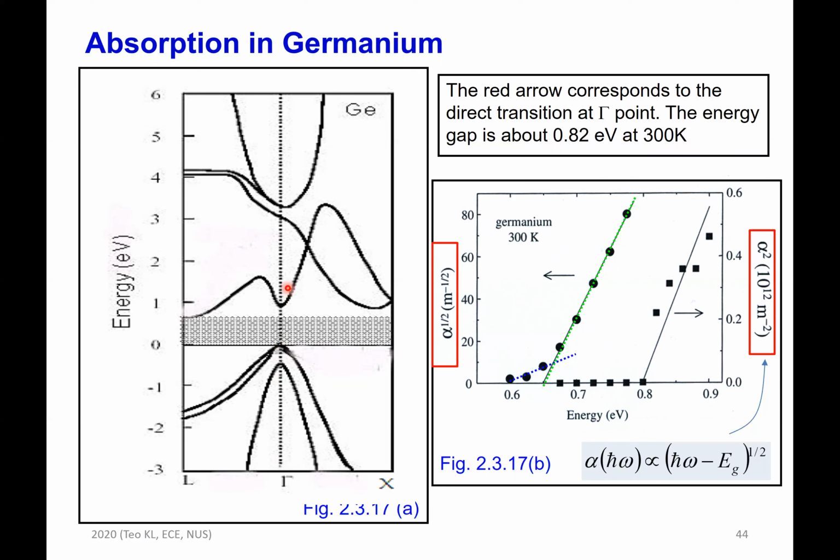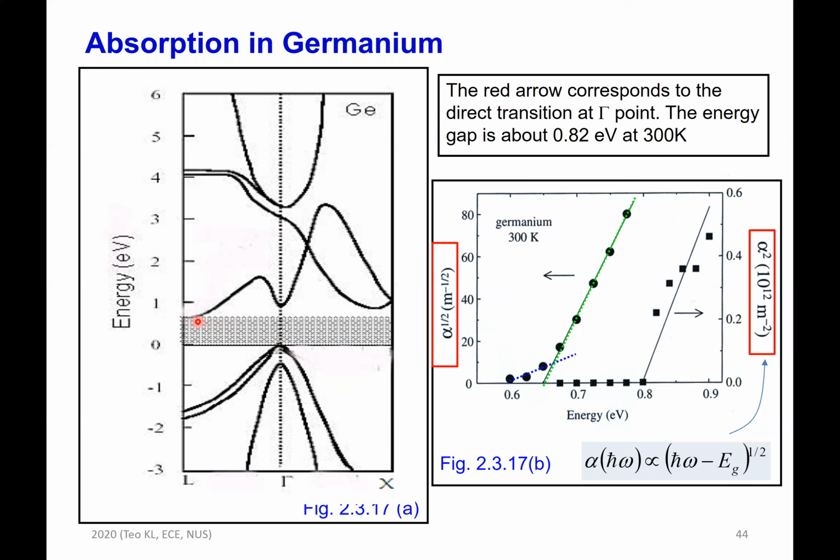Now, if you look at the conduction band, the minimum of the conduction band occurs at the L value. These are bottom of the conduction band, but the minimum conduction band occurs at the L value, which does not occur at the same point as the top of the valence band.